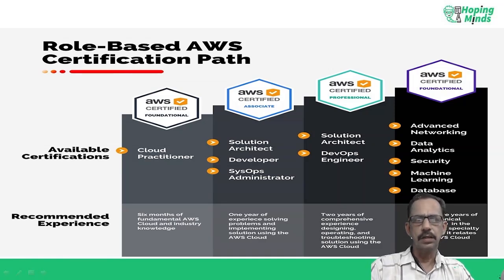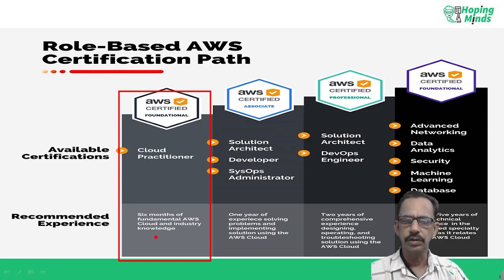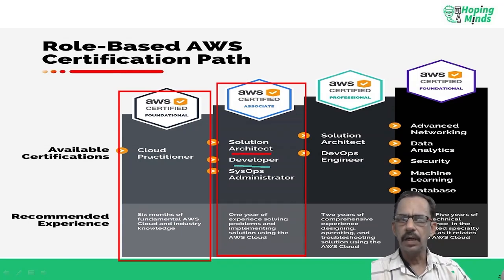This is the trail scenario. At beginner level, Cloud Practitioner, 6 months of fundamental AWS cloud and industry knowledge is recommended, but not mandatory. Then the associate level, which can be solutions architect, developer, or what we normally call DevOps or SysOps.